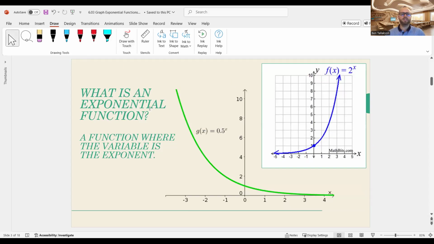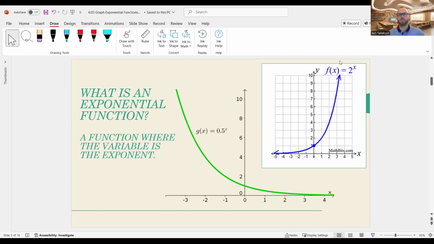So, what is an exponential function? Well, it's a function where the variable is the exponent, like you see there and there. This is, of course, a decreasing exponential function. In other words, exponential decay. Notice the base is less than 1.